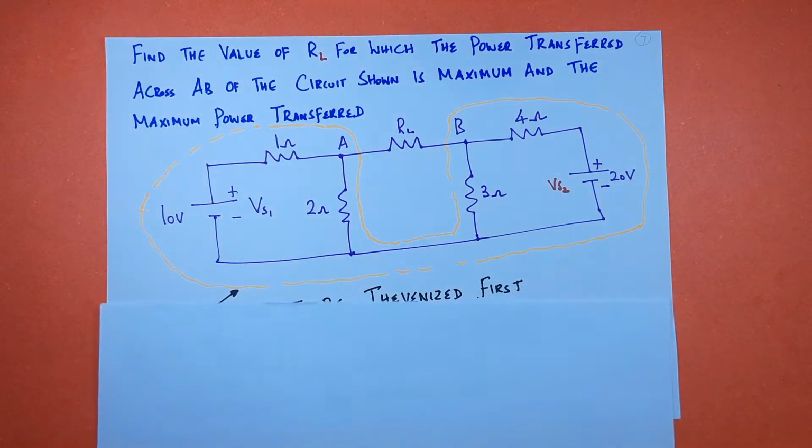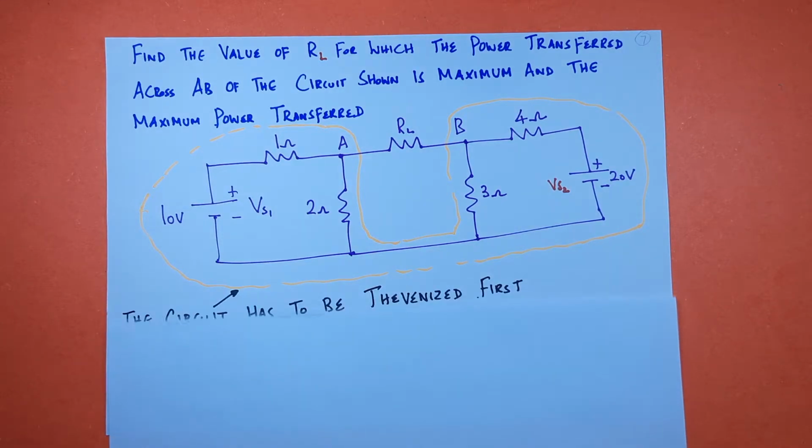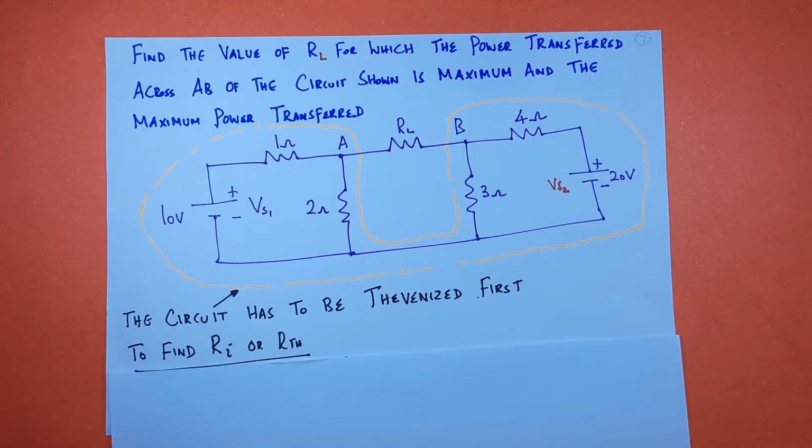So what we have to do is obtain the Thevenin equivalent circuit for this dotted lines. In other words, you have to Theveninize the given circuit first. First, we are going to find out R Thevenin, which is nothing but Ri, internal resistance.